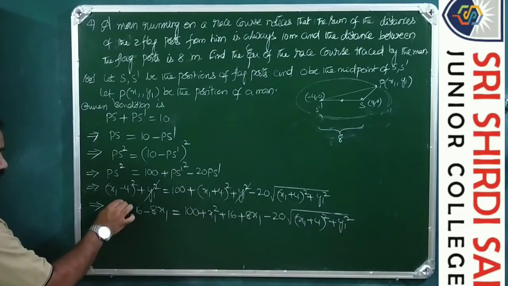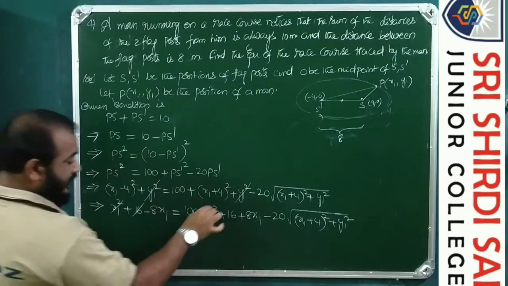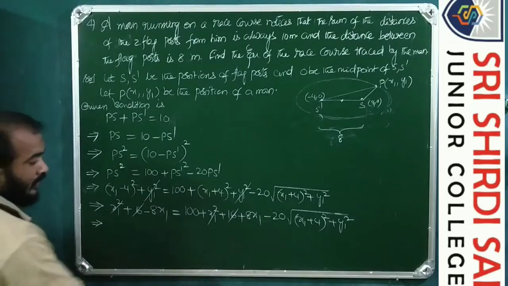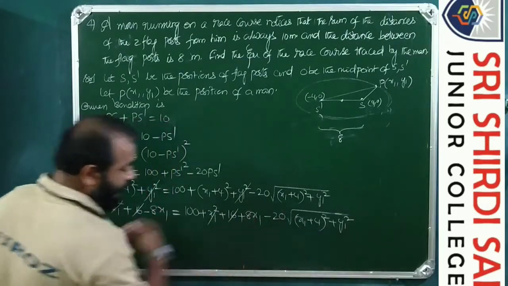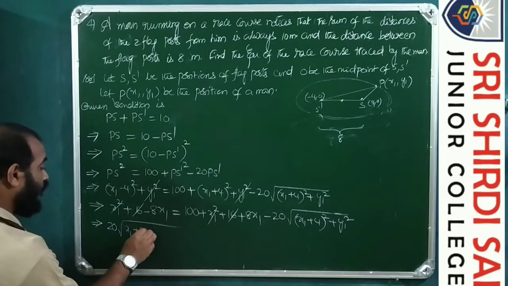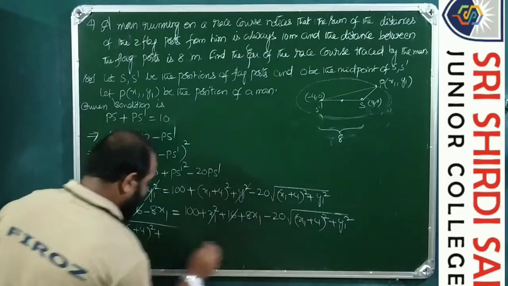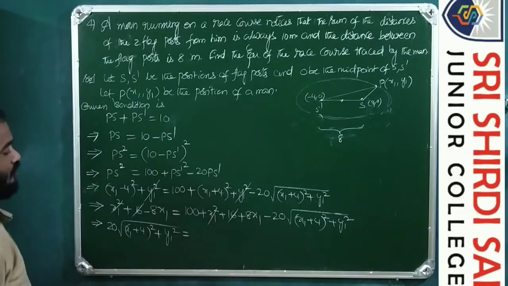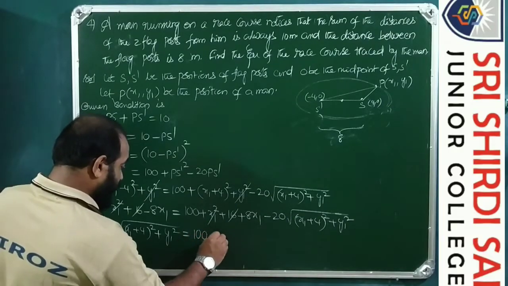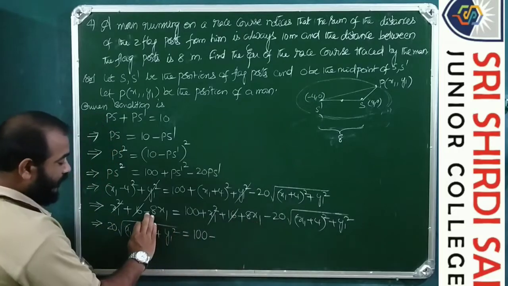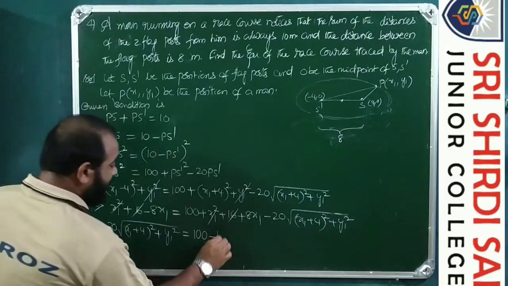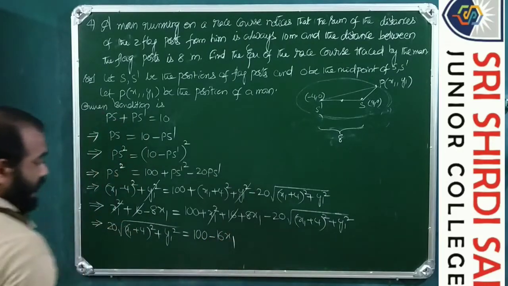On both sides x1 square and 16 get cancelled. So this is equals to minus 20 into the root term. If you transpose, 20 times the root is equal to 100 plus 8x1 plus 8x1, that is 100 plus 16x1.